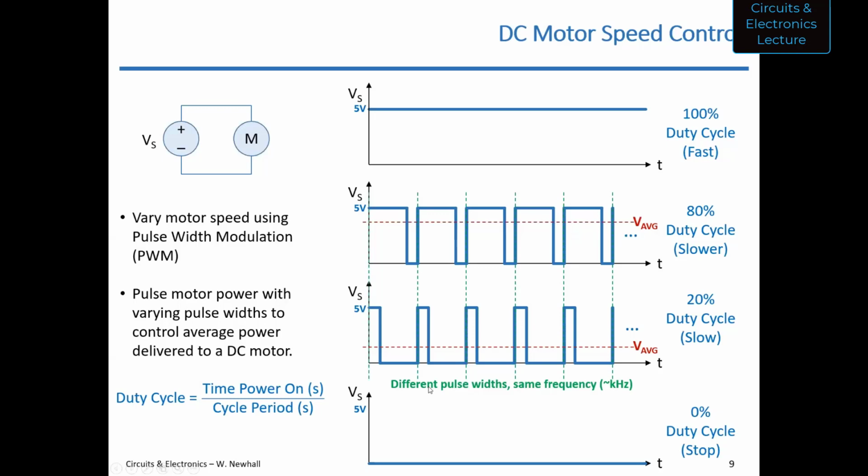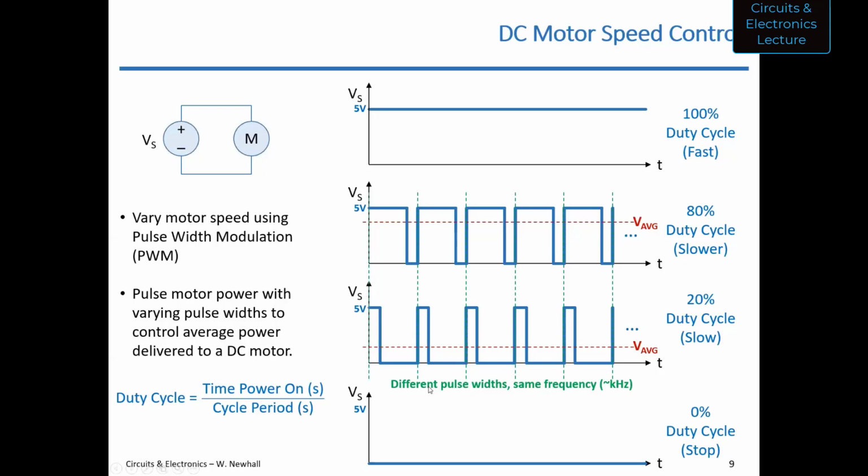Someone asked in the chat, how do brushless DC motors work? Well, you'll see a stepper motor in a minute. It actually does not have brushes, and you can create a brushless motor a couple ways.